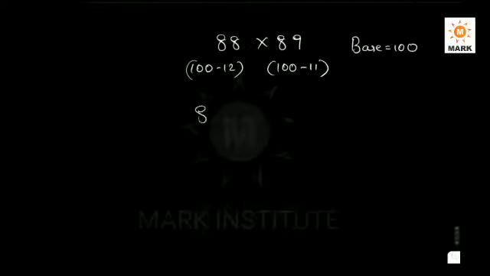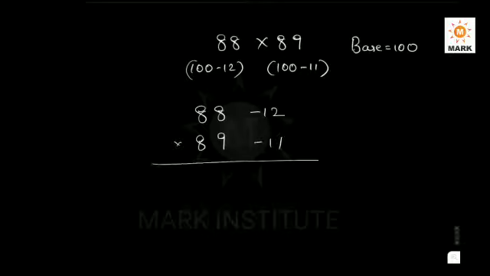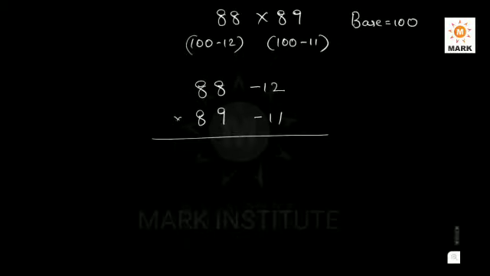So I write 88 into 89, with 88 minus 12 here and 89 minus 11 here. Now we have to divide the answer into two parts. In the first part we write 88 minus 11 or 89 minus 12. Either will give the same answer, which is nothing but 77.